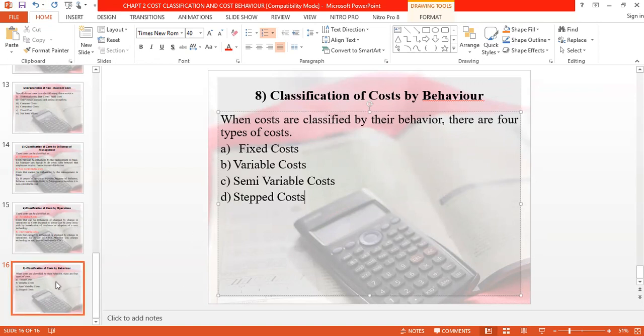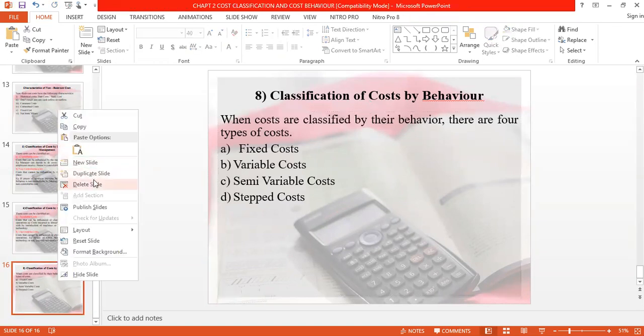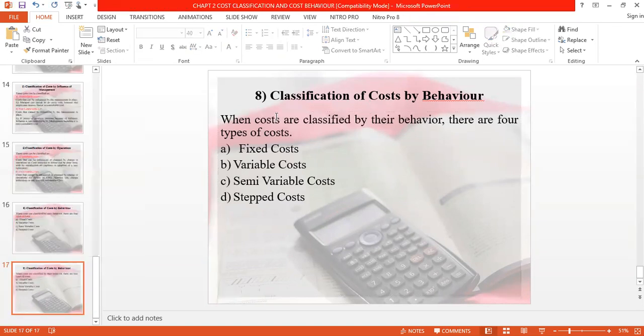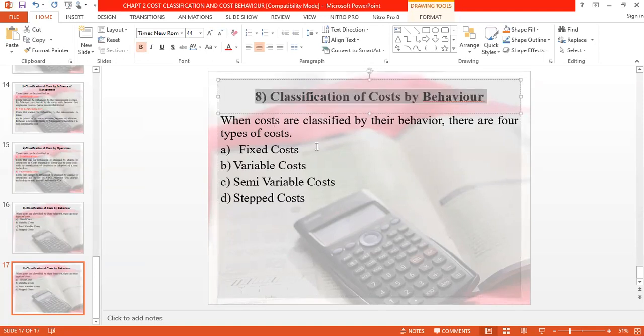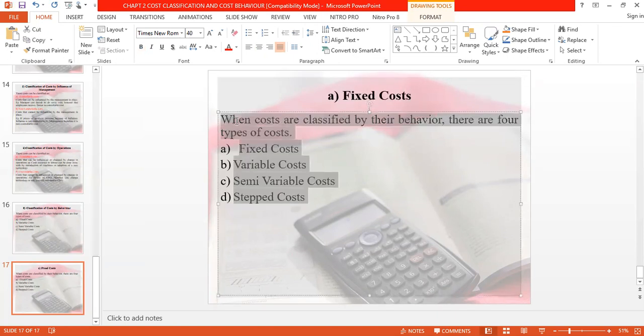Let's look at them one by one. So let's start with fixed cost. A. Fixed cost. So what is a fixed cost? It's a cost that does not change.